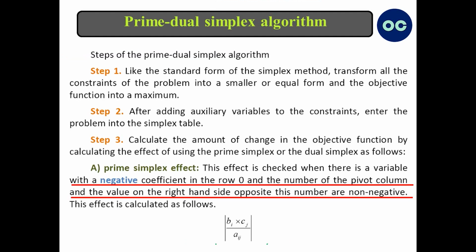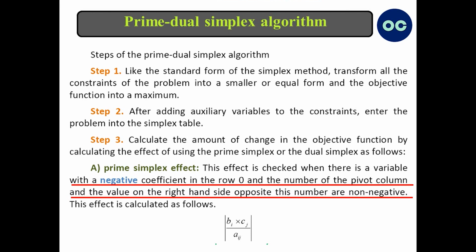So what is the algorithm of the primal-dual simplex method? In step one, we convert the problem's constraints to the smaller or equal form and transform the objective function to maximize. In step two, we introduce the slack variables to the constraints and set up the simplex method. In step three, we calculate the effect of the objective function using either the primal simplex or dual simplex.